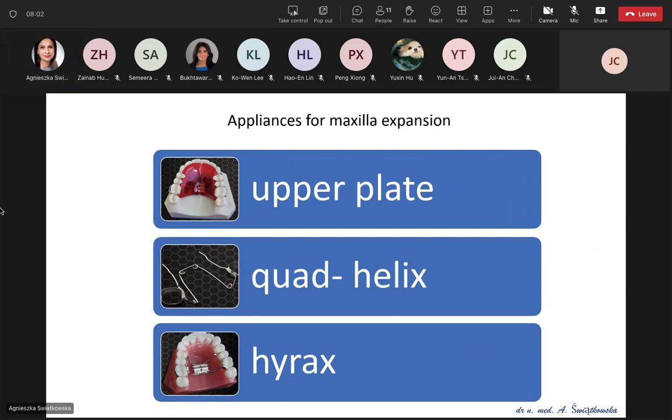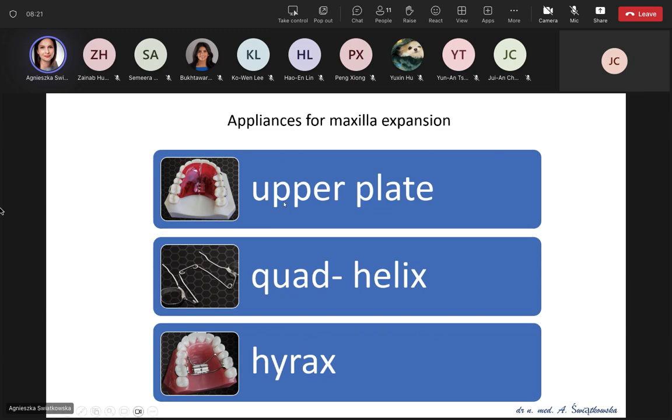So we ask parents to activate this kind of appliance usually one time a week. And we ask the child to wear this appliance all night and a few hours during the day.